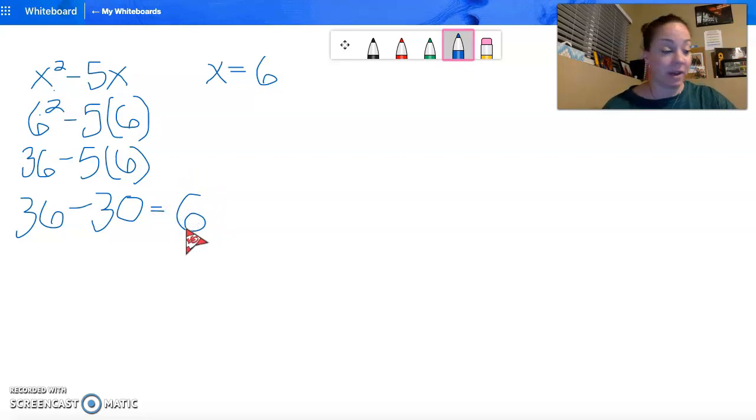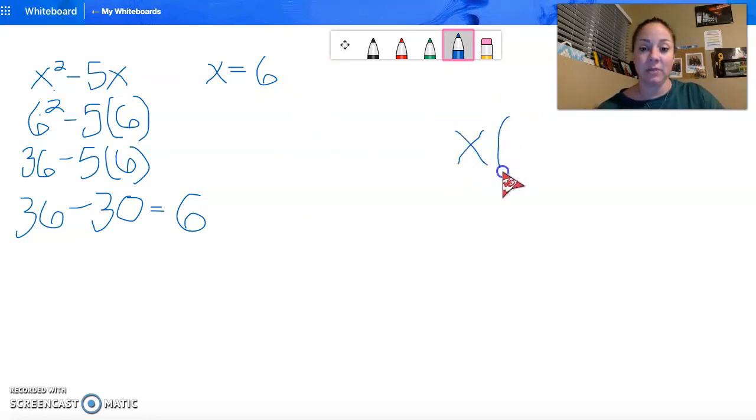Okay, so now we have another expression that we need to evaluate. And we're going to see if this expression is equivalent to x squared minus 5x. So for this one, we have x times, in parentheses, x minus 5.